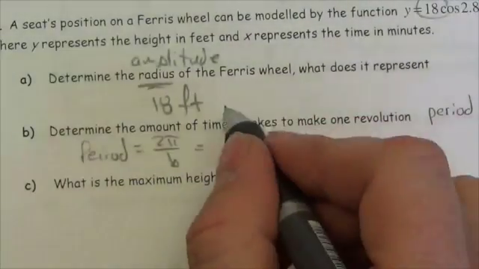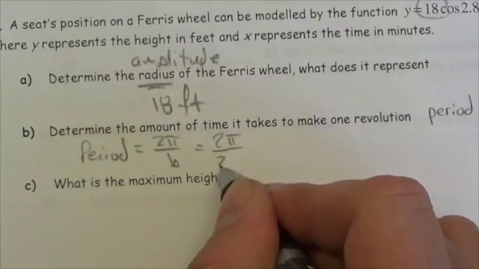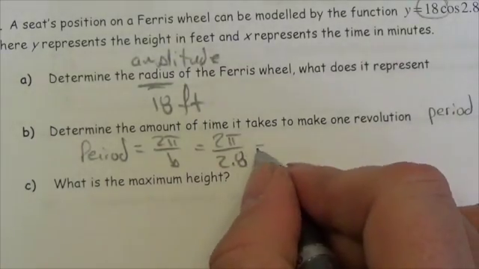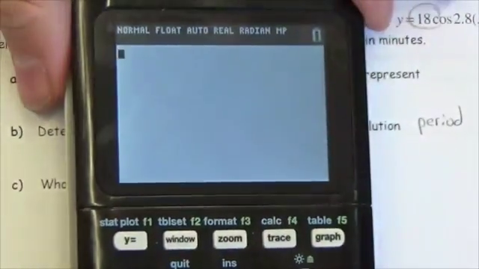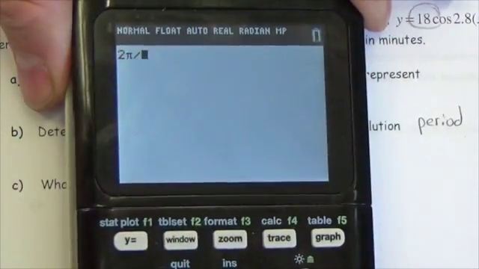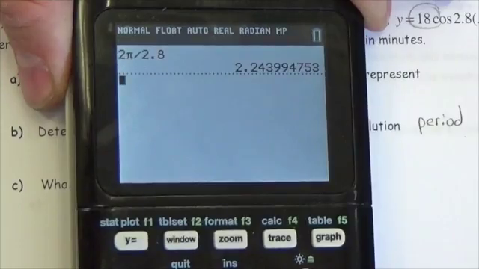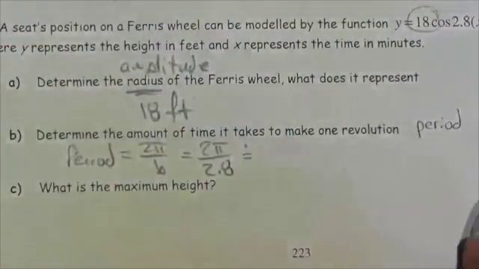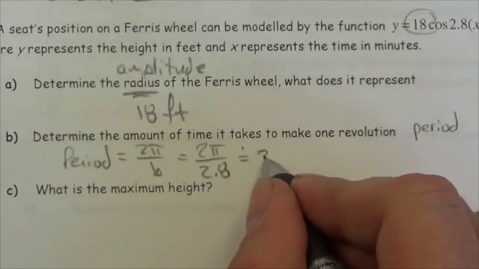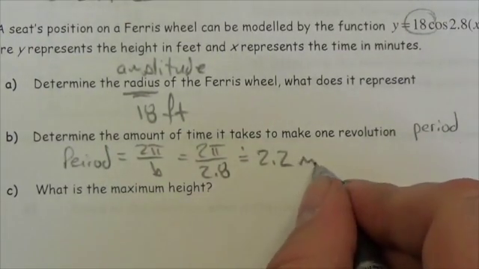So this becomes 2 pi divided by 2.8. Now come to our calculator, 2 pi divided by 2.8. And we get 2.2, roughly. So approximately 2.2 minutes.